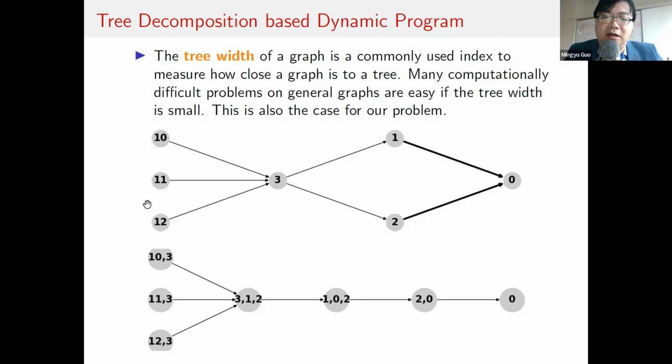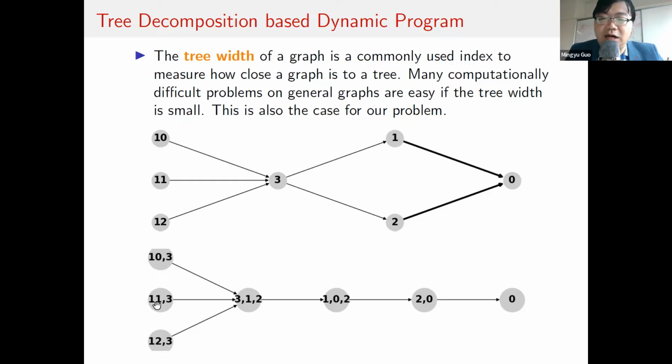So here above is the example attack graph I just showed, and below is an example tree decomposition of this graph. So you can see that I actually convert this graph, which is not a tree, into a tree. But the difference is that the tree nodes are no longer single vertices. We sometimes call them bags.